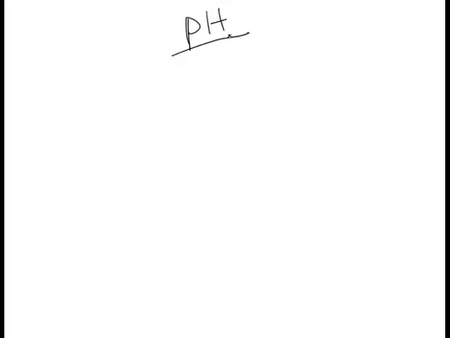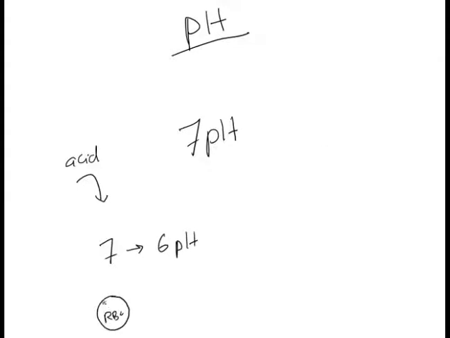The optimal pH for antibody to bind to the corresponding antigen is the physiological pH 7. So, by manipulating pH, we can dissociate the antibody from the antigen. So, if we add acid to reduce the pH, for example from 7 to 6, the antibody will dissociate from the corresponding antigen.